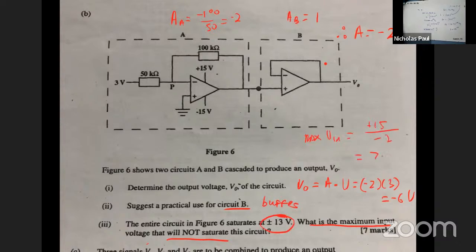So that'll be around 7.5. Wait, sorry. This says saturated at 13. So plus and minus 6.5. You got that? So they want the maximum input that will not cause saturation. So that maximum value is 6.5.